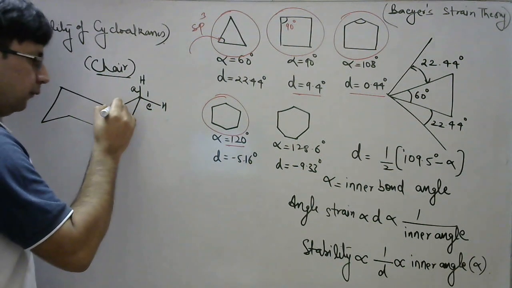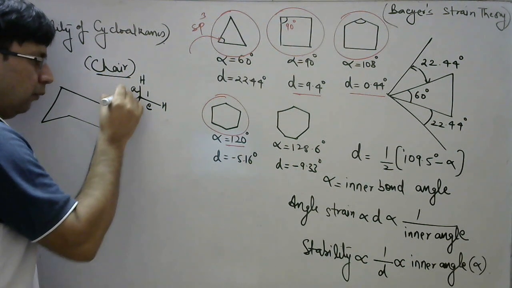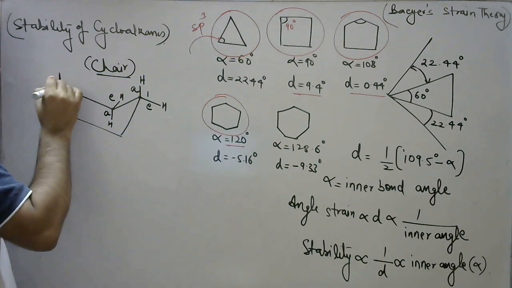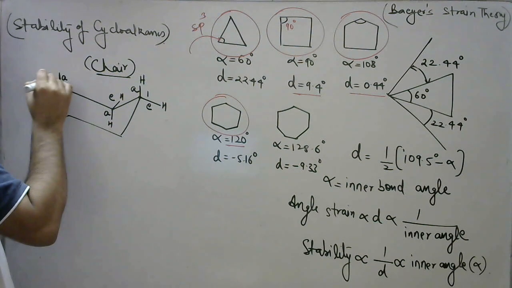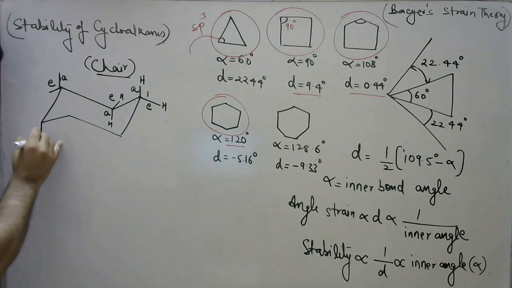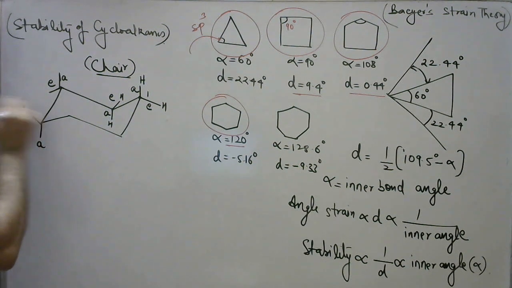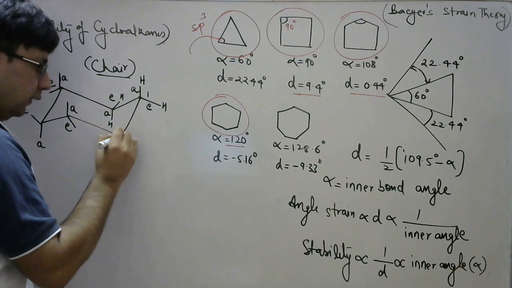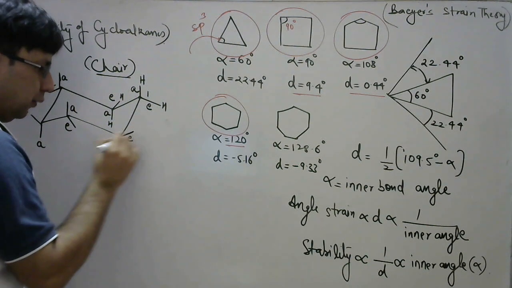In this case, this will be the equatorial bond, which I am indicating. Here it is axial, and this will be equatorial. This is axial, this is equatorial. Similarly, this is axial and this is equatorial bond.